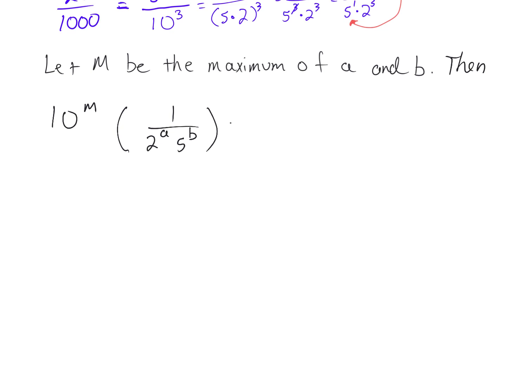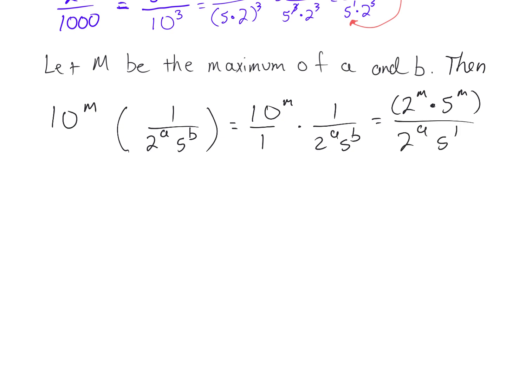This then says, if we put this over 1, we know that if we multiply whatever is in the denominator, this can be rewritten as 2 to the power of m times 5 to the power of m per our example. So then this is 2 to the a, 5 to the b.